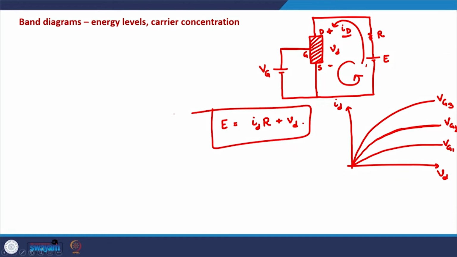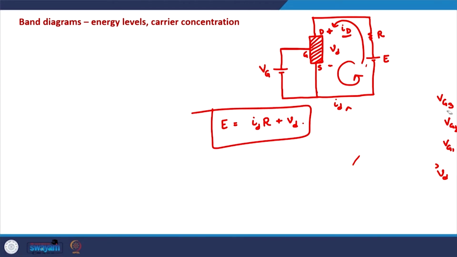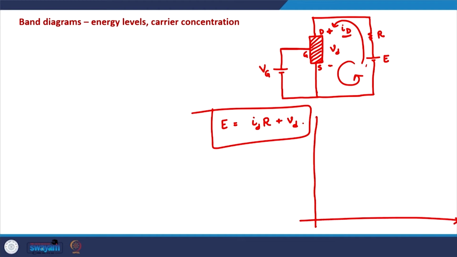Let me redraw this in a proper space. This equation, the KVL in this closed loop, means that ID and VD will always satisfy this constraint. This is the basic constraint that the ID and VD need to satisfy.